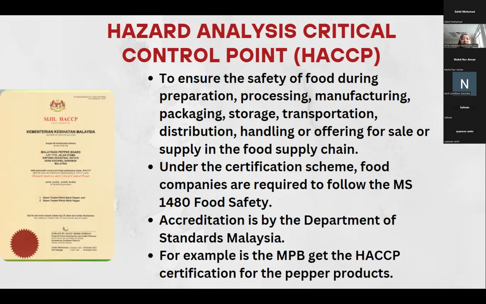Under the certification scheme, food companies are required to follow MS 1480 food safety. Accreditation is by the Department of Standards Malaysia. For example, Malaysian Paper Board got the HACCP certification for the paper products.